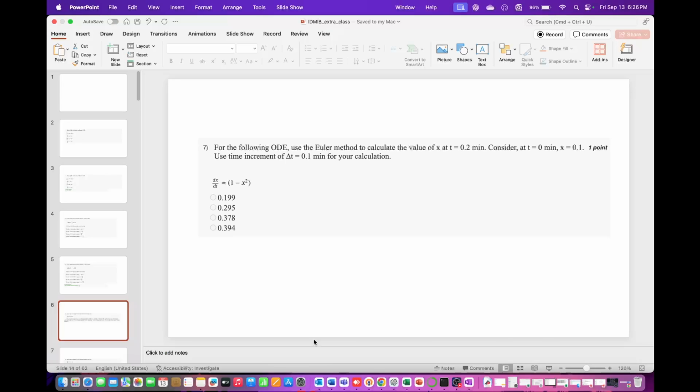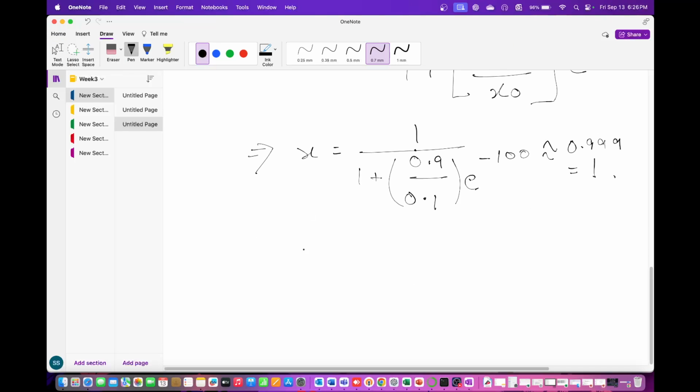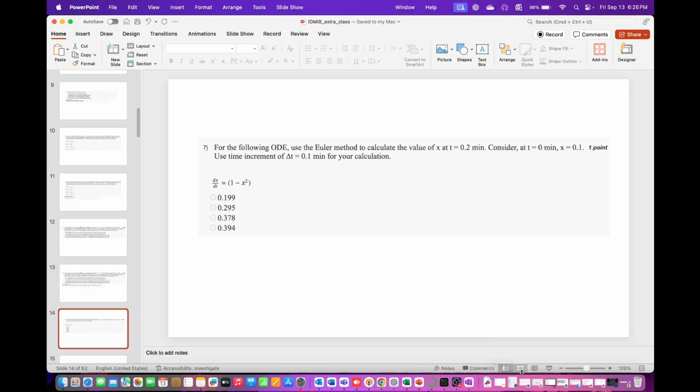Okay, this we need to calculate, so let's do it together here. So I just quickly show you the problem. You are given an ODE, this is your ODE, and you are asked to use the Euler method to calculate the value of x at t equal to 0.2, and your t minimum is at t equal to 0, your x is given, and your time increment is given as 0.1.